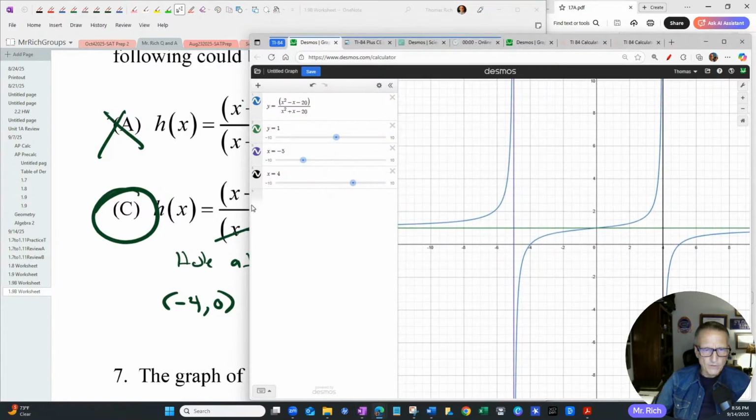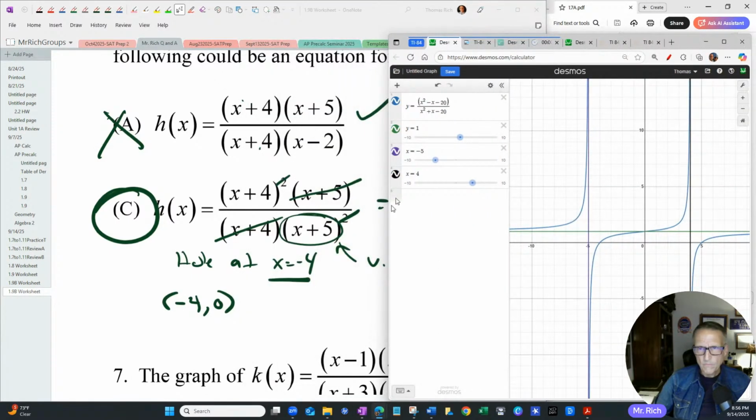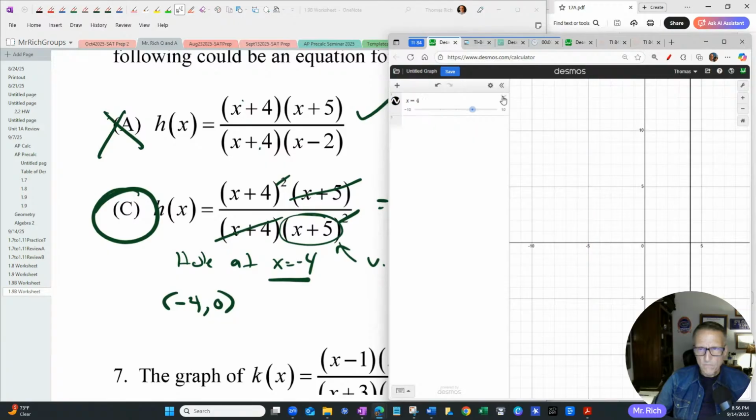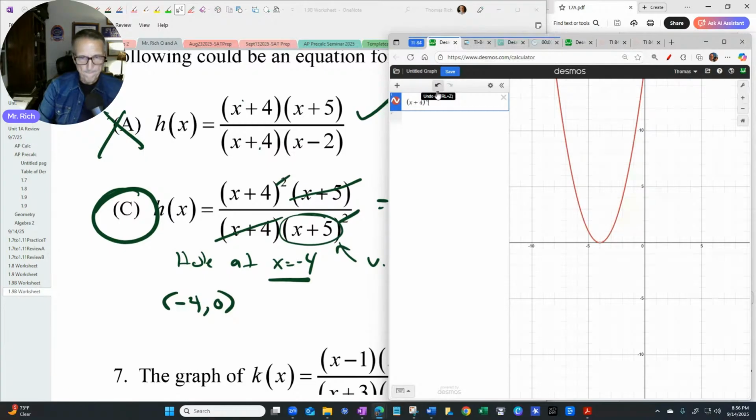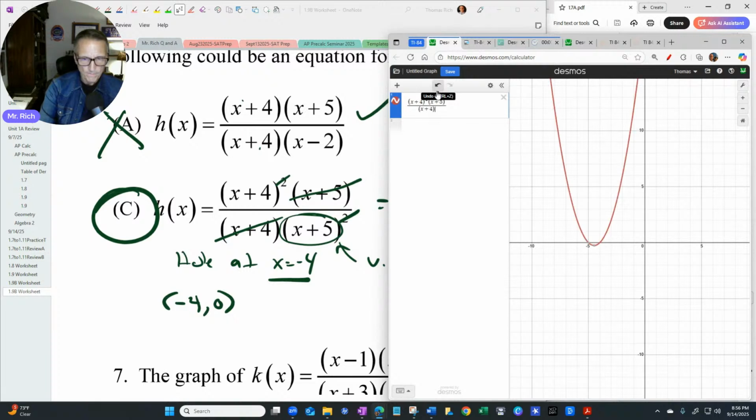So coming over here to Desmos, I'm going to graph the original function, x plus 4 to the second power times x plus 5 over x plus 4, and then that's times x plus 5 to the second power.